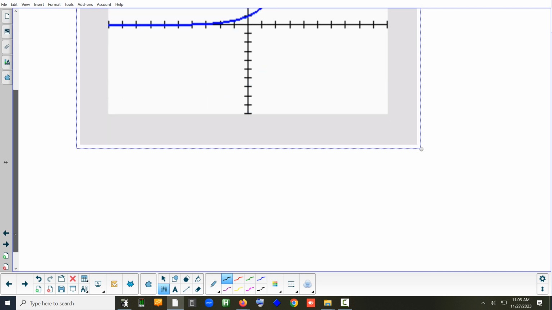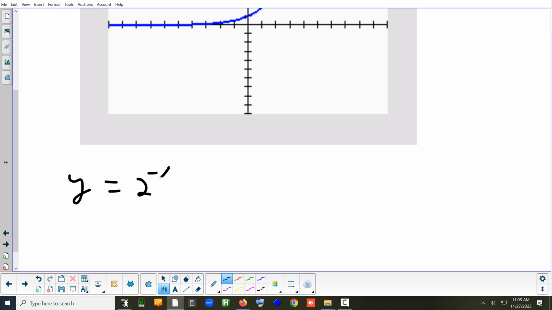Because remember, I graphed 2 to the x. If x is -1, what does 2 to the -1 mean? If you do that out, what is 2 to the -1? 0.5. Yeah. It means 1 over 2 to the 1.